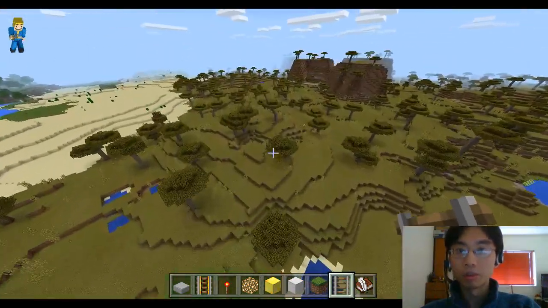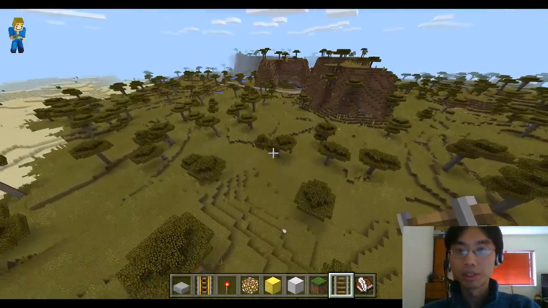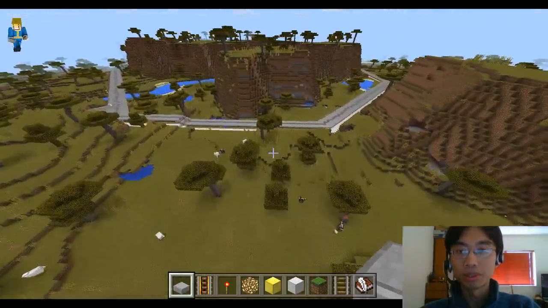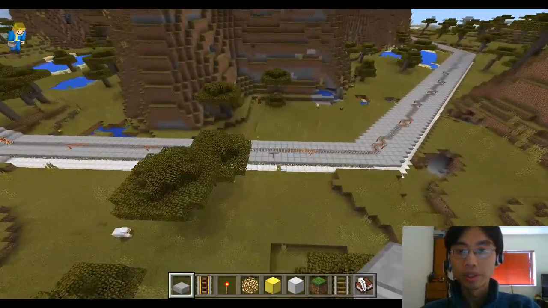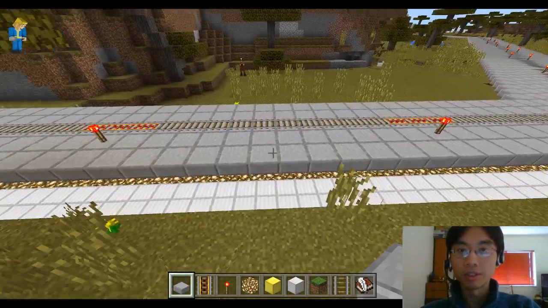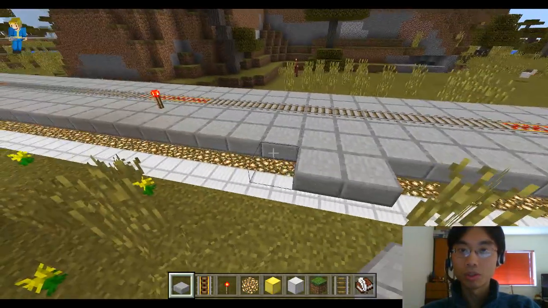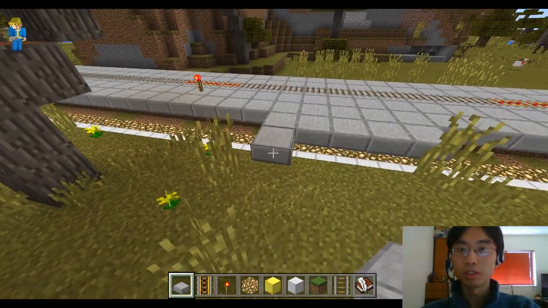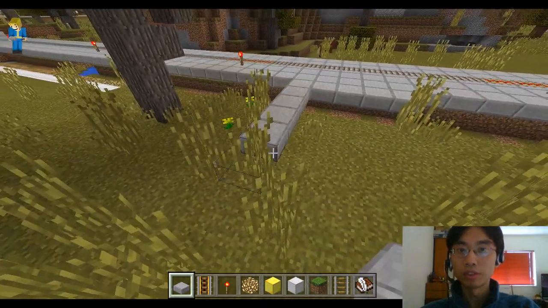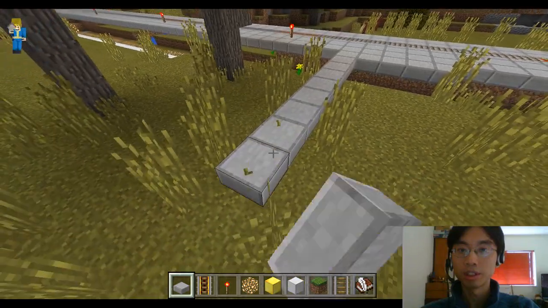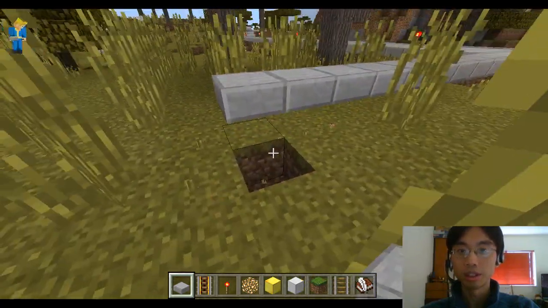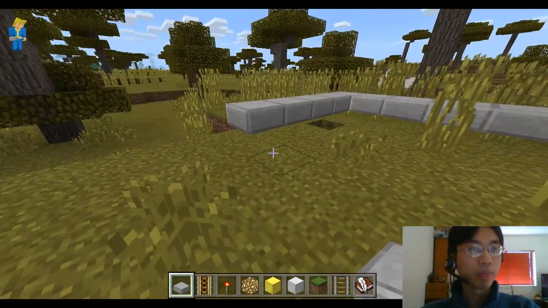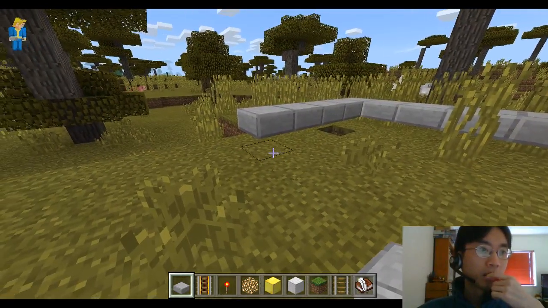And probably wants the junction on this part to keep things simple. Alright, let's put the junction here. 1, 2, 3, 4, 5, 2, 3, 4, 5, 6, 7, 8, 9, 10, and 5.